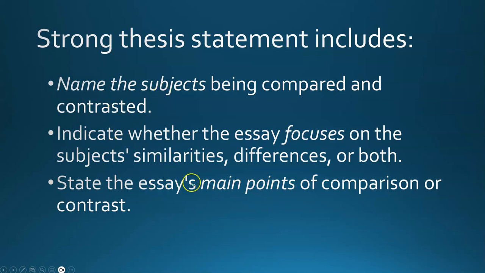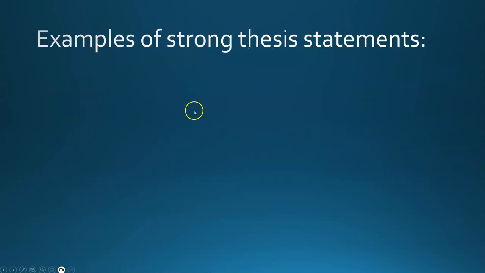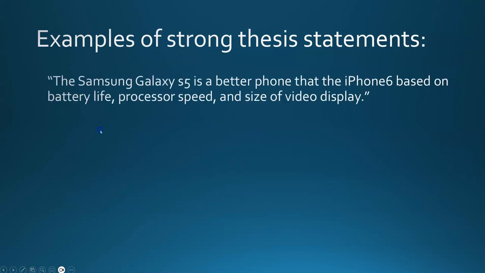So let's take a look at an example of a strong thesis statement. The Samsung Galaxy S5 is better than the iPhone 6 based on battery life, processor speed, and size of video display. It's a little dated, but we have the two things we're comparing: the Samsung Galaxy versus the iPhone. We're claiming the stance that this one is better than that one. Why? Based on battery life, processor speed, and size of the video display.